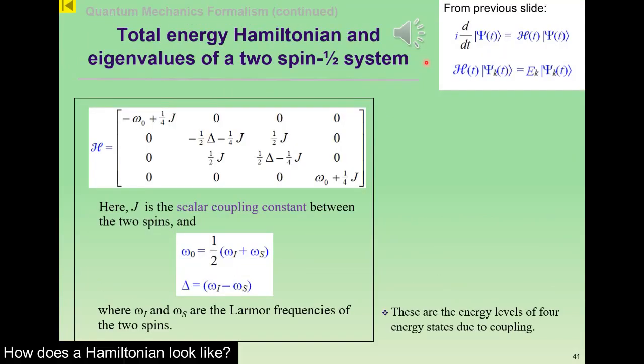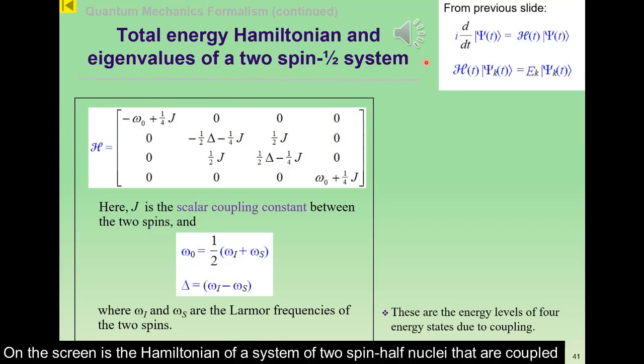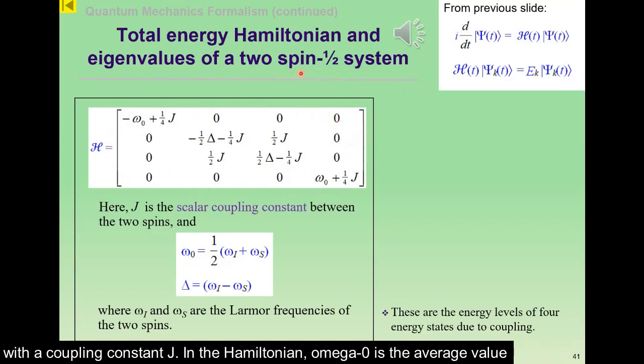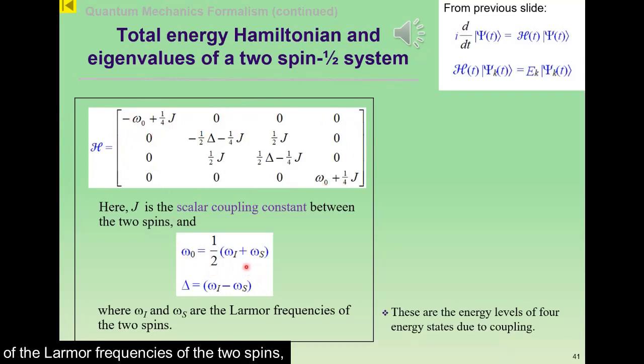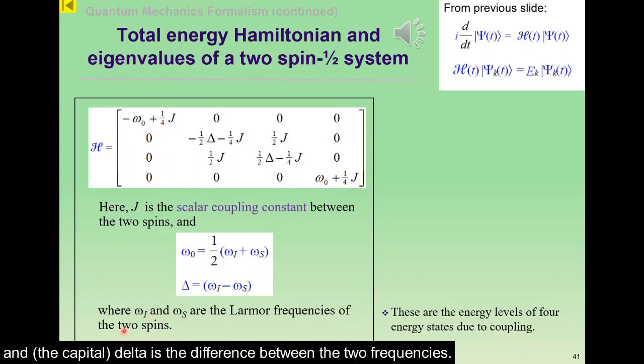What does a Hamiltonian look like? On the screen is the Hamiltonian of a system of two spin-half nuclei that are coupled with a coupling constant, J. In the Hamiltonian, omega naught is the average value of the Larmor frequencies of the two spins, and delta is the difference between the two frequencies.